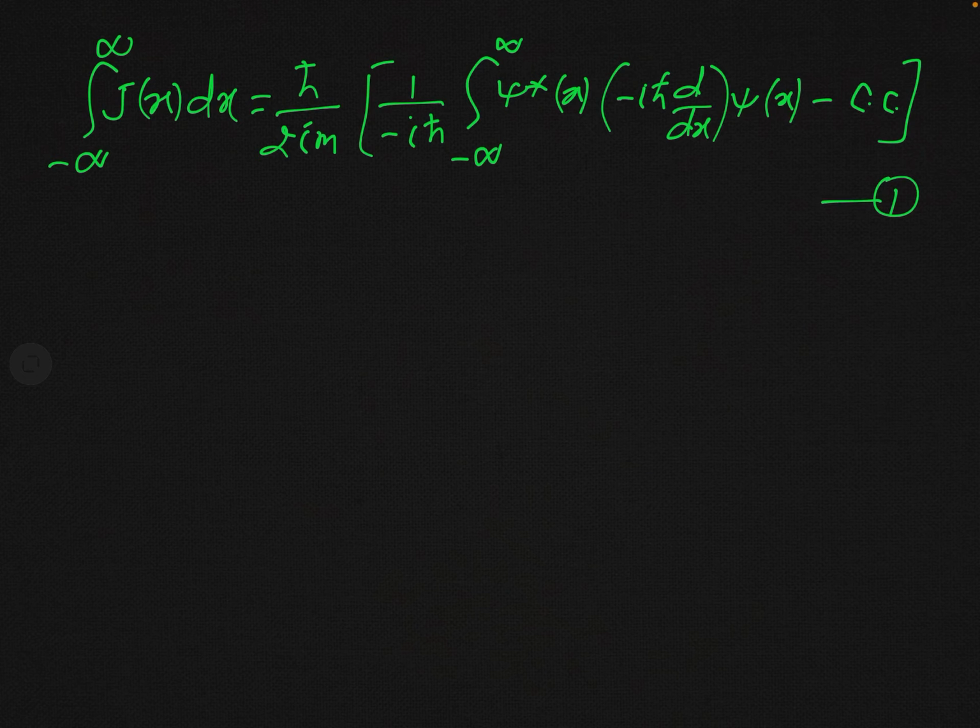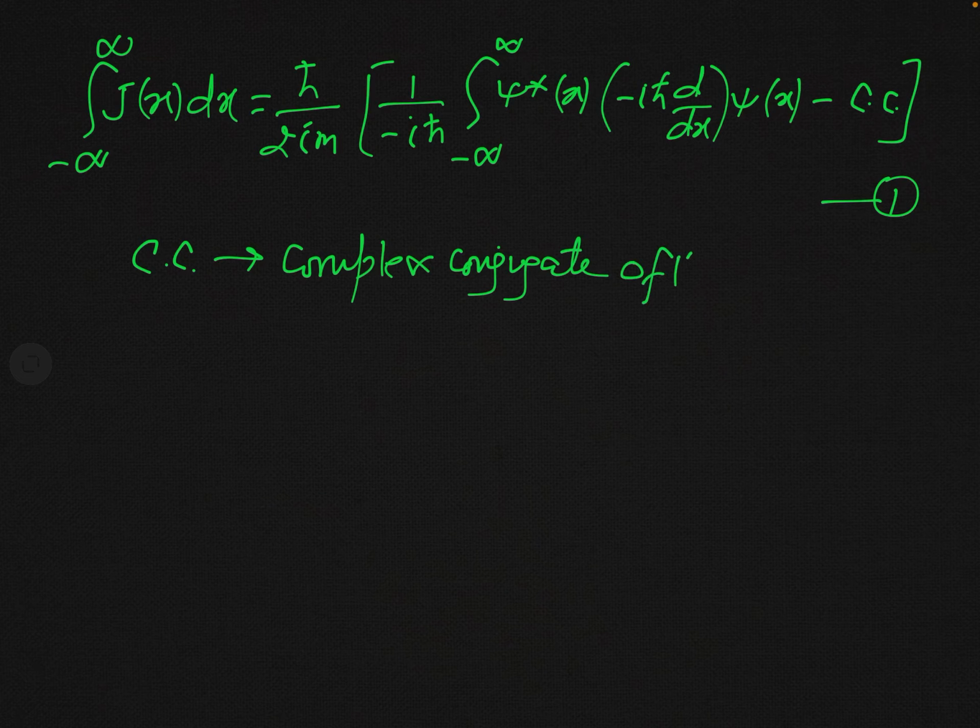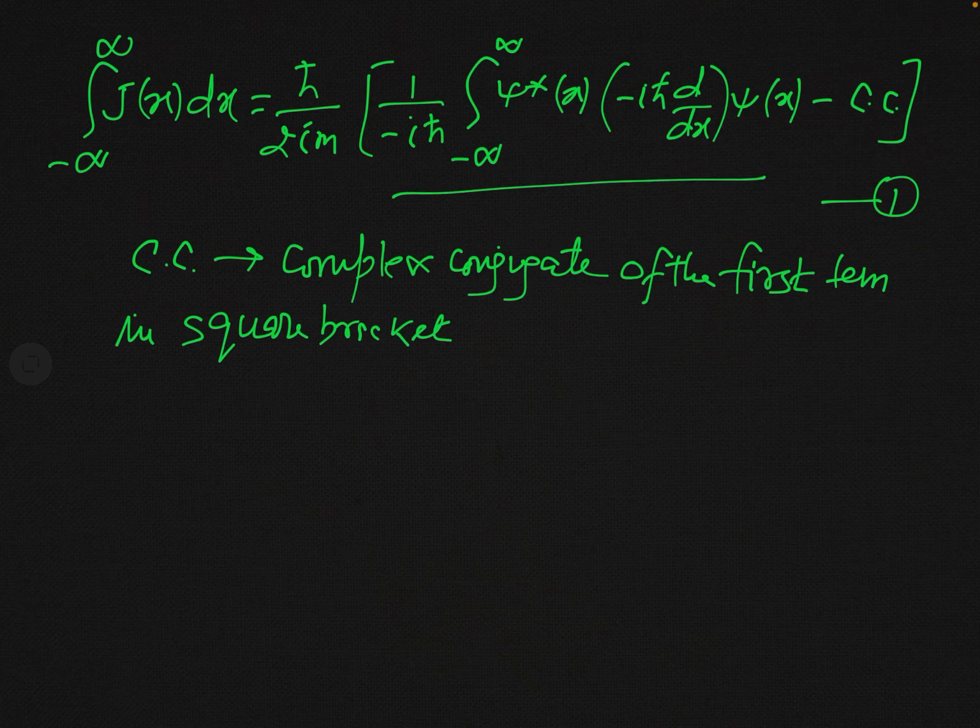And here you can see in this second term, at the place of second term I have written cc. What is this cc? You can see this cc is actually the complex conjugate of the first term in a square bracket, because if we write the full expression, this will be simply the complex conjugate of this first term.